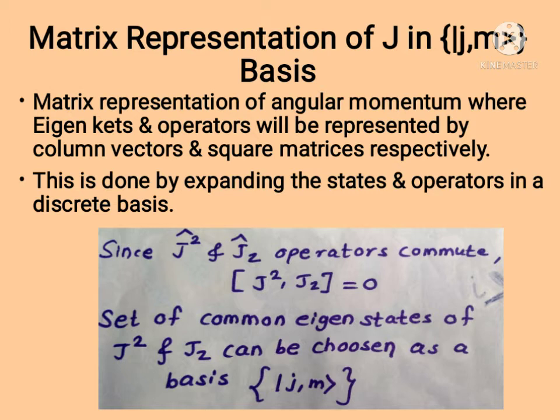Ket |j m> is the state of the system, and when the number of states are combined, it forms a basis. For the matrix representation of capital J, eigenkets and operators will be represented by column vectors and square matrices respectively.